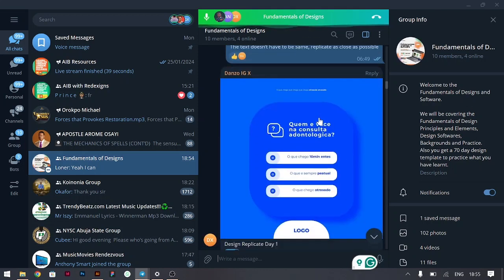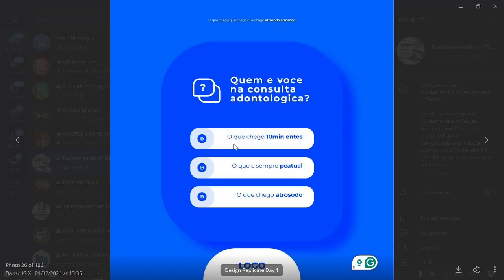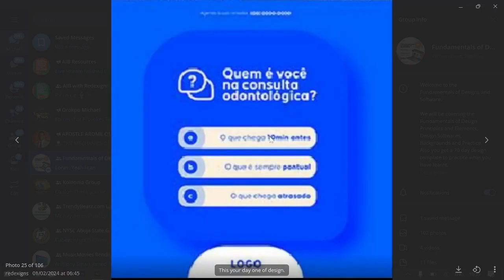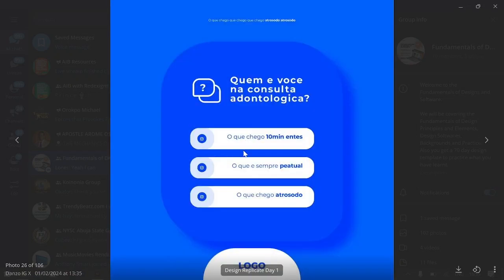What I was talking about with proximity is, if you can see the space here between this side, it's too different compared to the design where it's at the middle and there's an optical balance between the top and the bottom. As you can see, there's more space here and less space here.